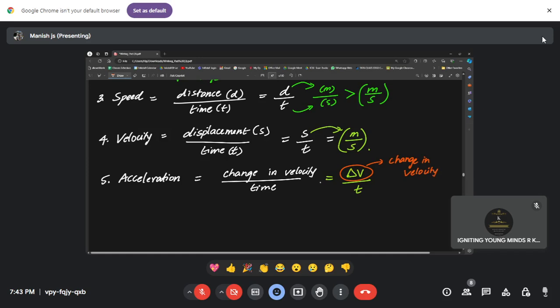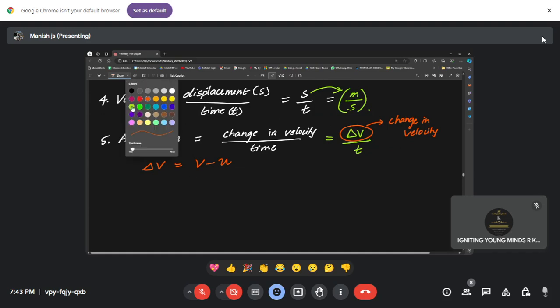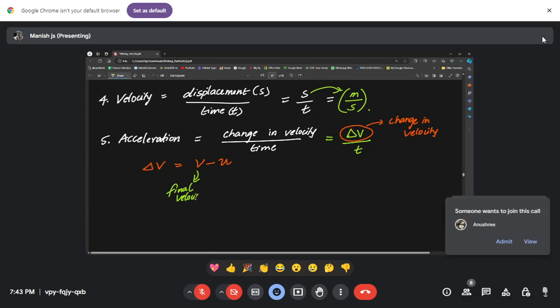So change in velocity upon time. Now, how can I write delta v? Change in velocity is expressed as the final velocity minus initial velocity, which is v minus u. Here v means final velocity and u is initial velocity.